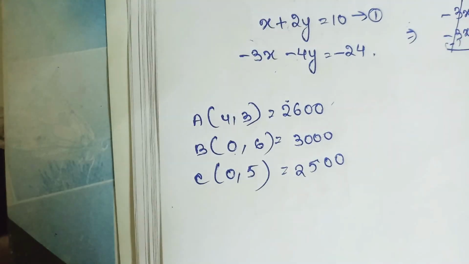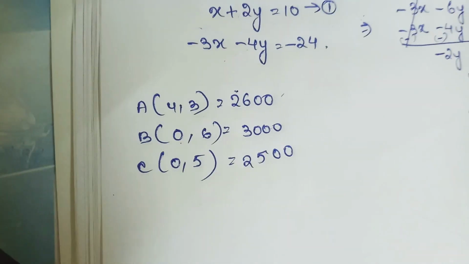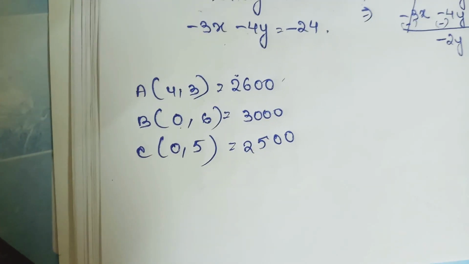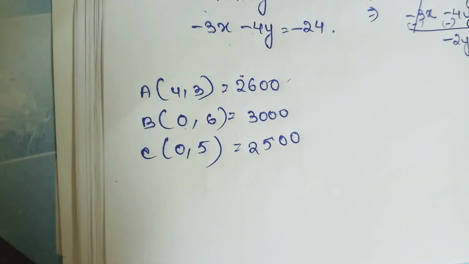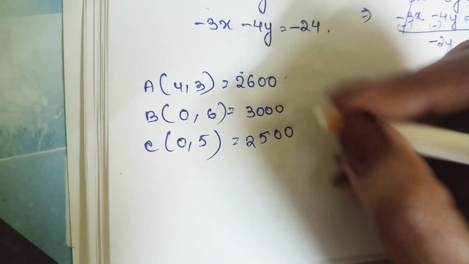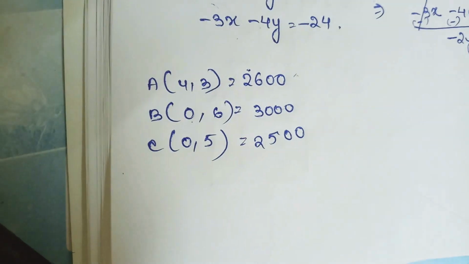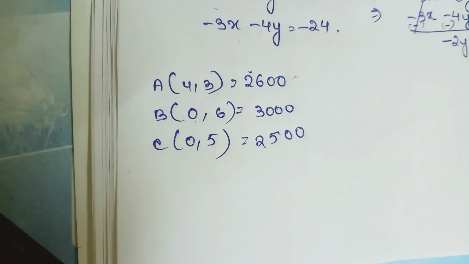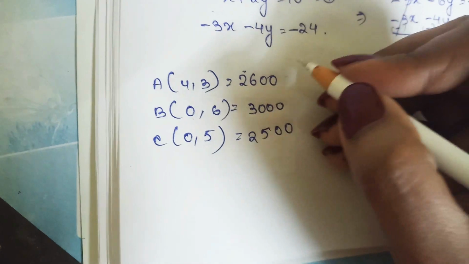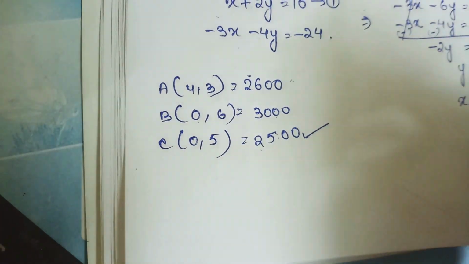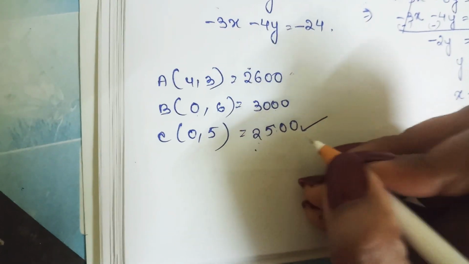Now, this question is minimization. I need to find the optimized value. Till now, what I have done is maximization, and in case of maximization, I used to compare and find the maximum value out of 3. But since this question is minimization, you need to compare and find the minimum value out of the 3. So the minimum value out of the 3 is this one, that is 2500.